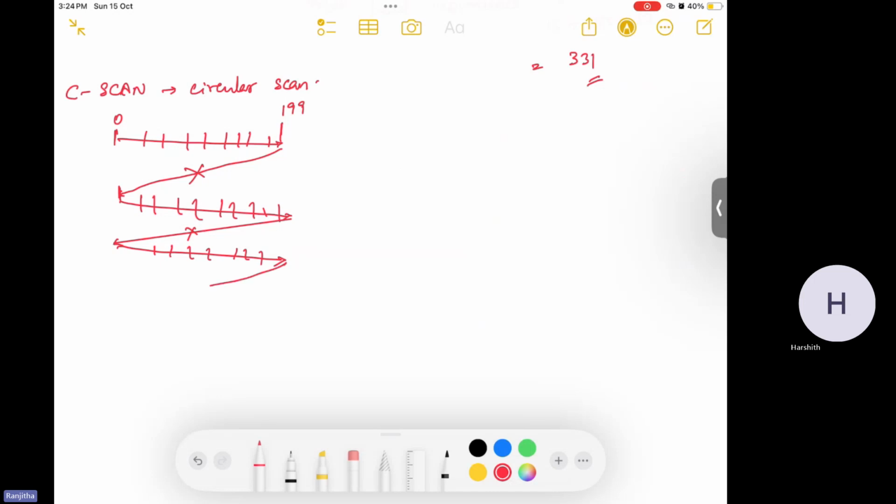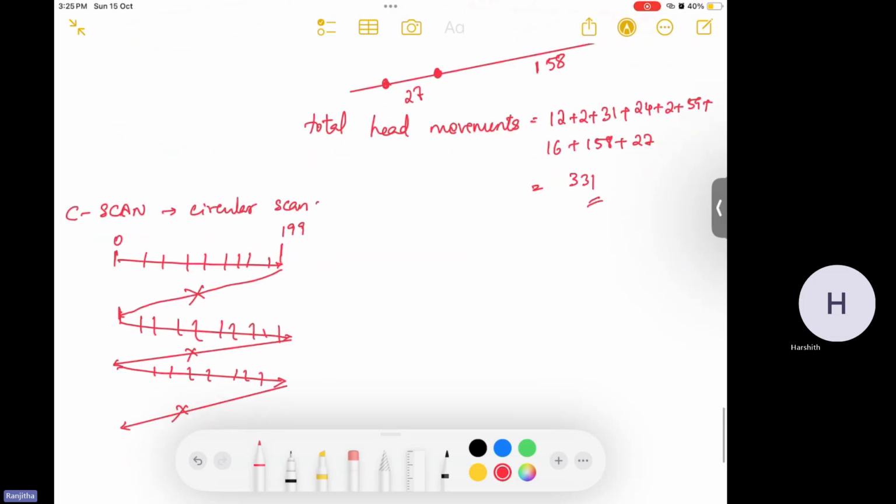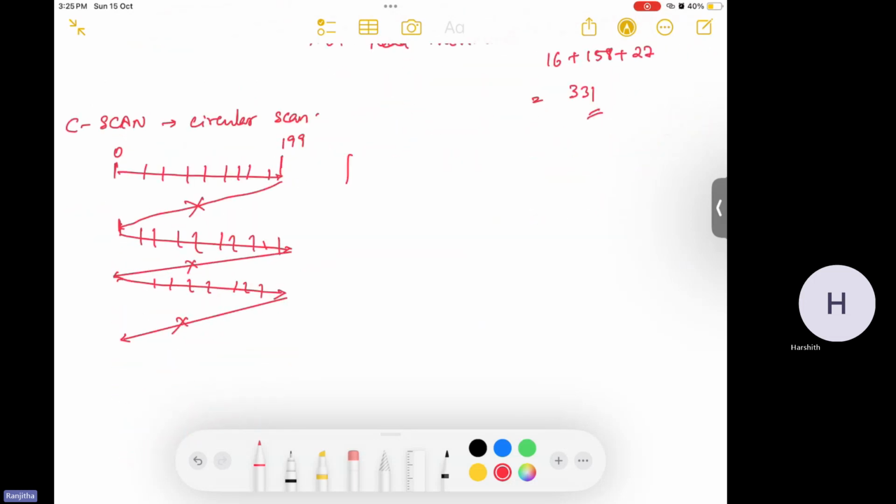But on the return there is no reading done. So reading will always be from 0 to 199 in that direction only. So let's see what will be the number of disk movements for the same example with C-SCAN.